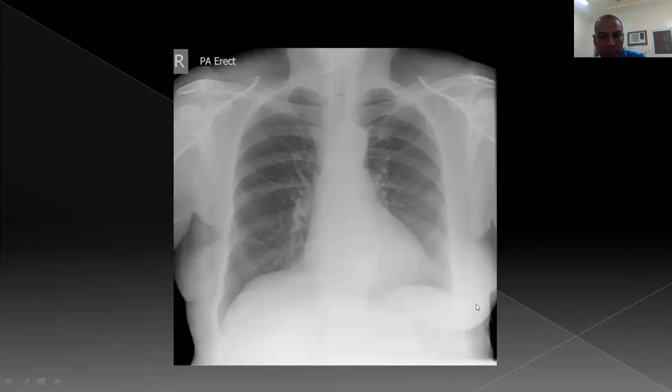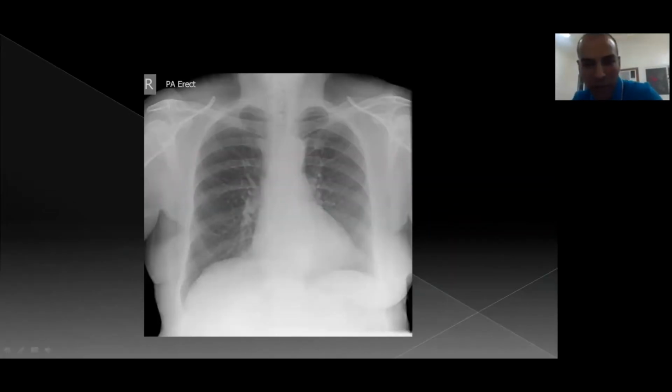Look at this one. This is the left breast, and where is the right breast? There is a mastectomy, or an absent right breast shadow. And the third B is the breast shadow. Someone may ask me, what is the importance of seeing the breast shadow in the chest X-ray? It is one of the most important parts, because sometimes it may be the clue for the case.